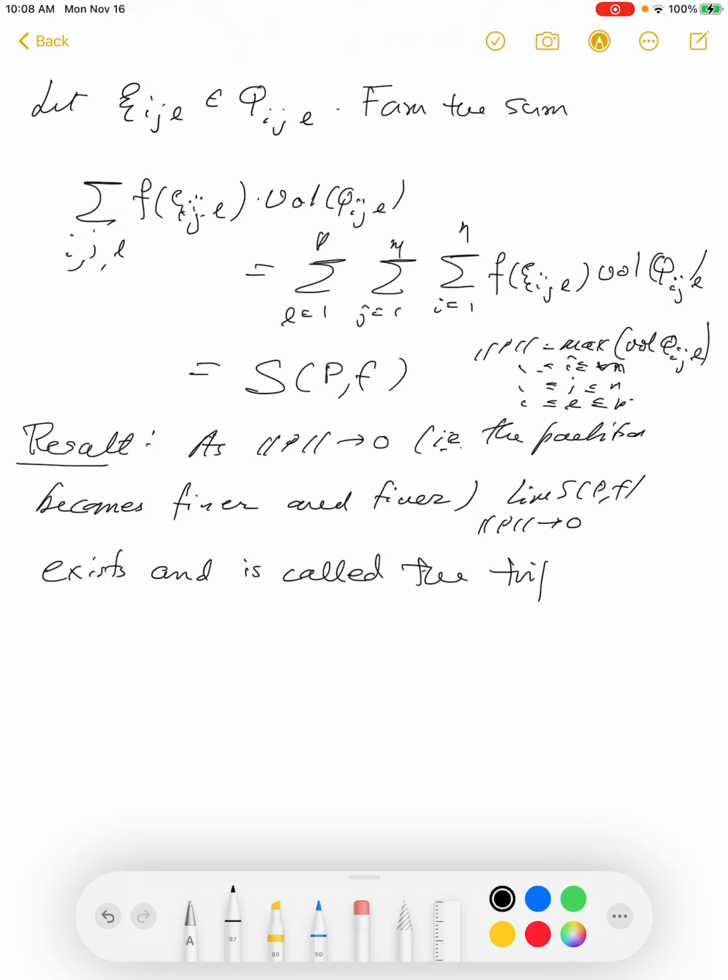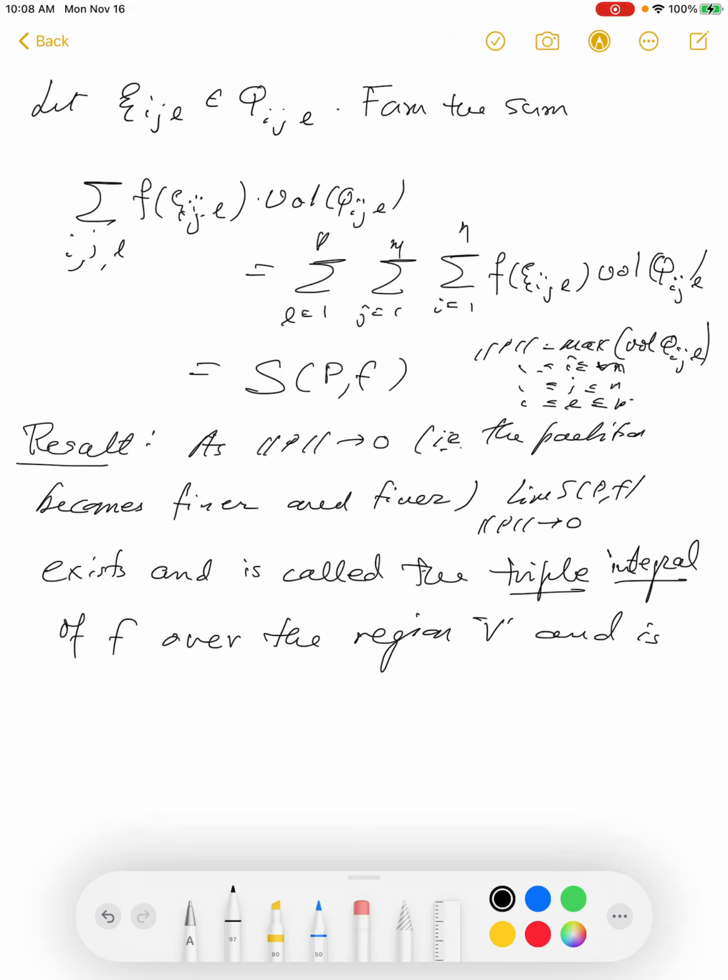the triple integral of f over the region V, and is denoted by three integral signs over V, f(x) dV.